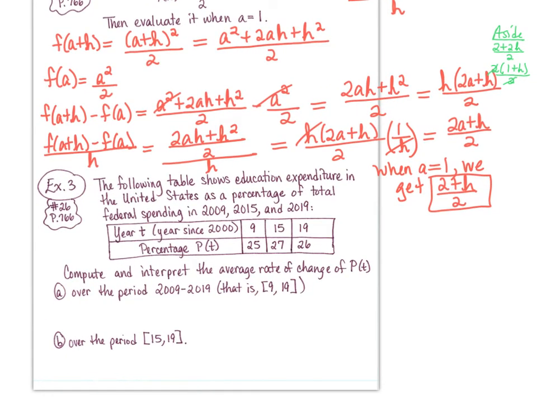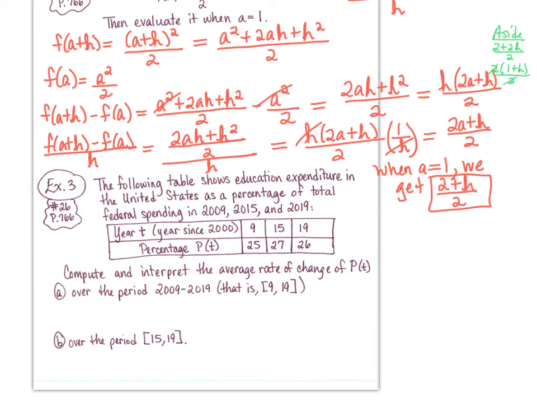Example 3. The following table shows education expenditure in the United States as a percentage of total federal spending in 2009, 2015, and 2019. The year T is given by the years since 2000, so we have 9 for 2009, 15 for 2015, and 19 for 2019.